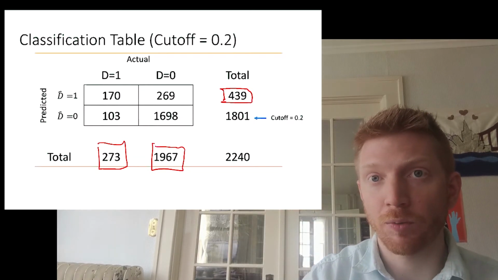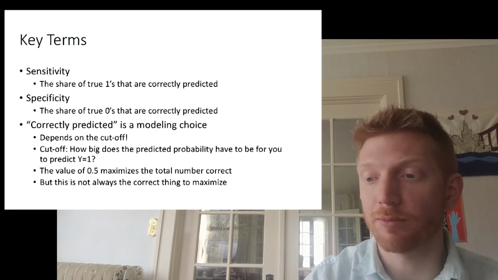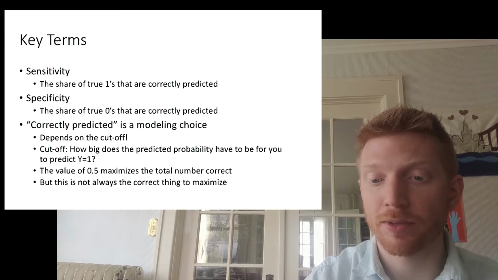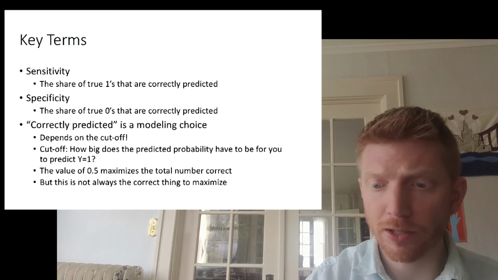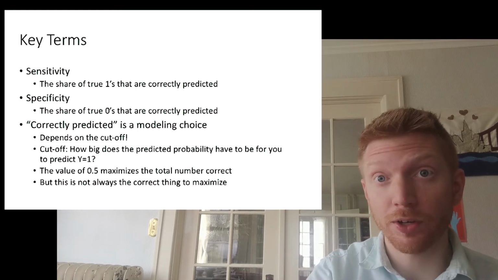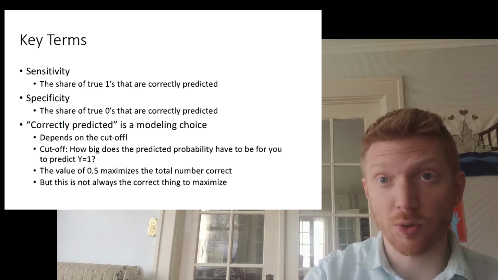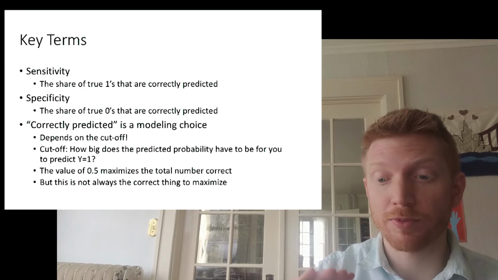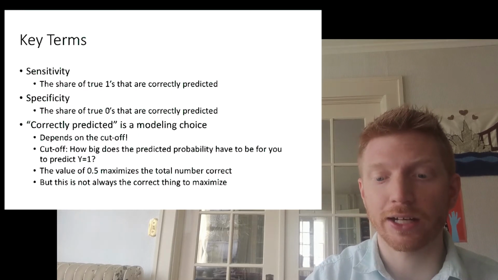What I really want to introduce in this lecture, though, are some very key terms, just two main ones. Sensitivity, which is the share of true ones that are correctly predicted, and specificity, the share of true zeros that are correctly predicted. The important thing I want you to note is that correctly predicting is a choice, in the sense that it depends non-trivially on the cutoff.